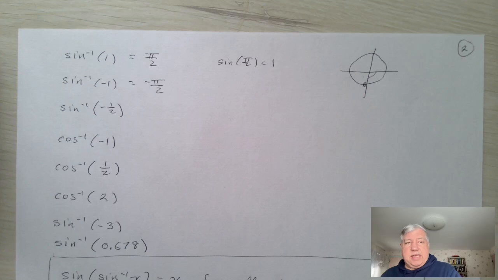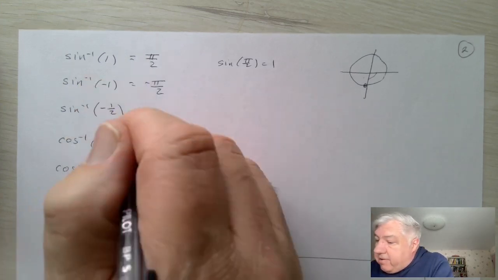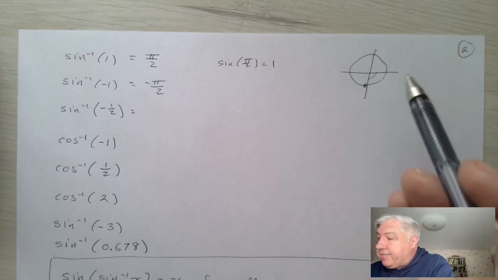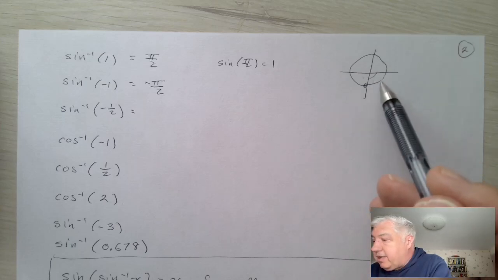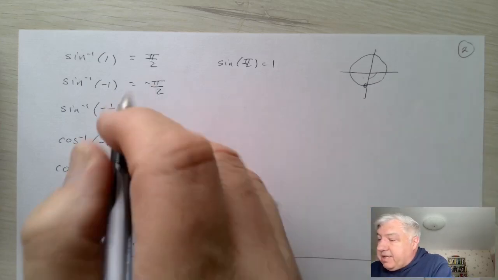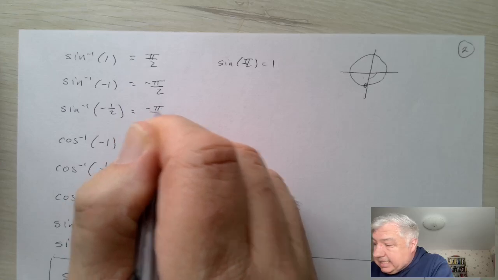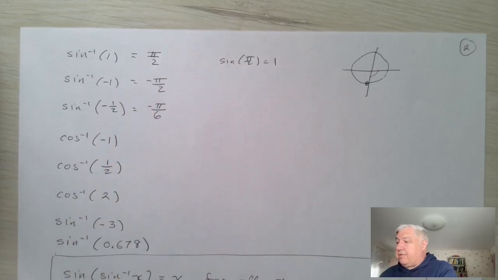The inverse sine of negative 1/2, if you remember, is going to be in this fourth quadrant here, and you can check that that's going to be negative pi over 6. That's the y value.